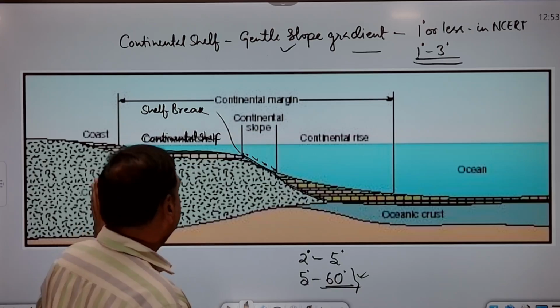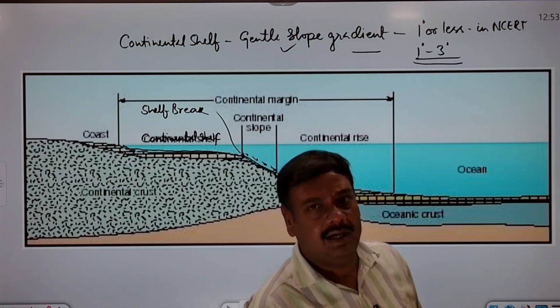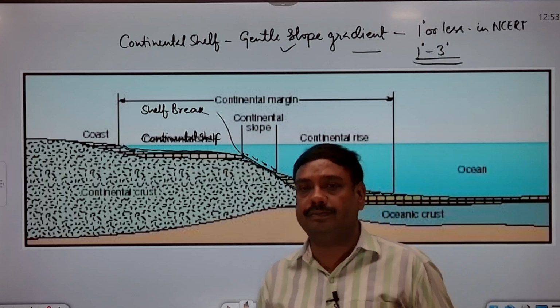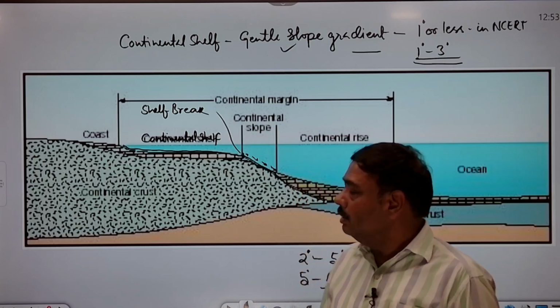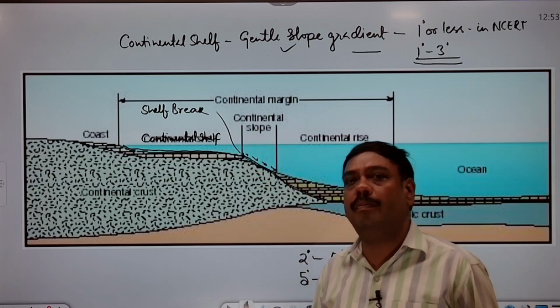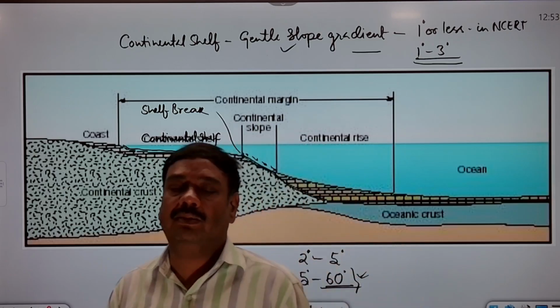So the rivers which are draining here and depositing so much sediment on the continental shelf, when these sediments are pushed further, they can reach up to the continental slope, but this is not much possible. Why is it so?